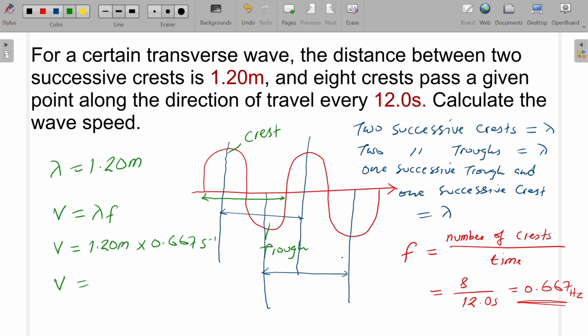When we punch our calculators, we get 0.8 meters per second. So this is our answer. The speed is 0.8 meters per second. That's our speed. So this is how we solve this type of question.